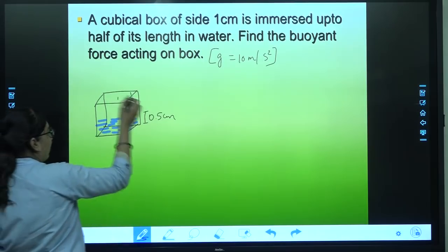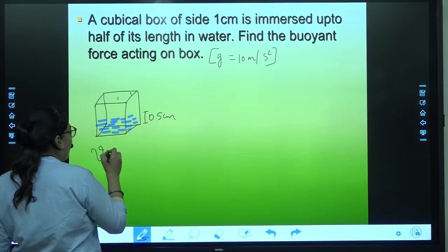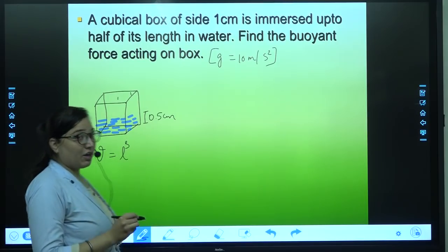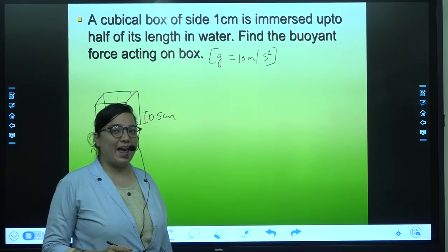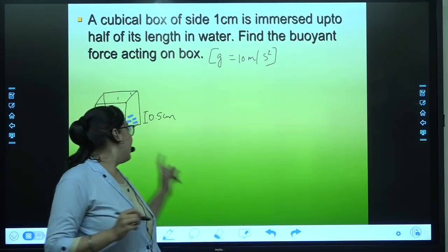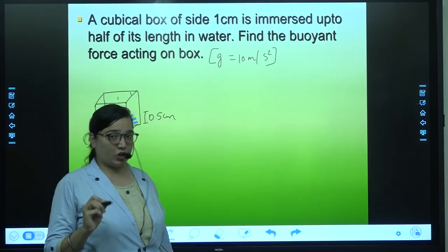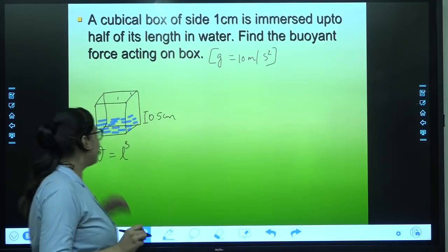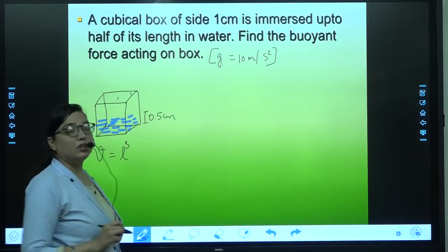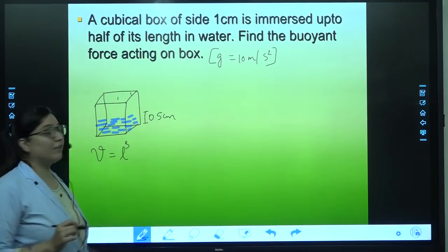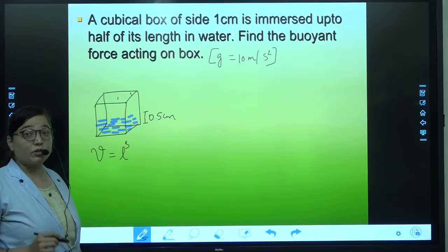Now how to calculate the volume of a cube? Volume of a cube is L cube, but here we cannot take the L cube over here as 1 cube. Why? Because the water is filled only up till 0.5 centimeter.